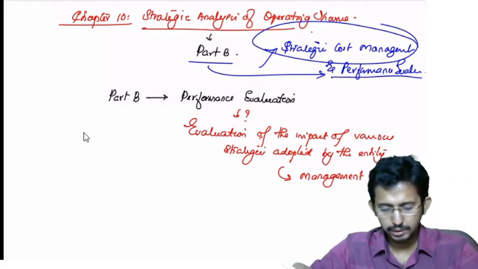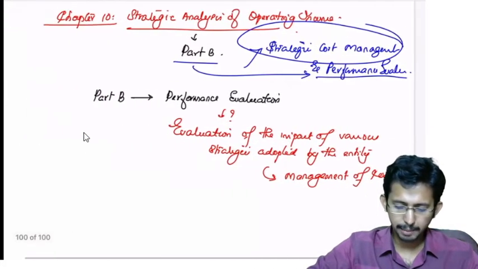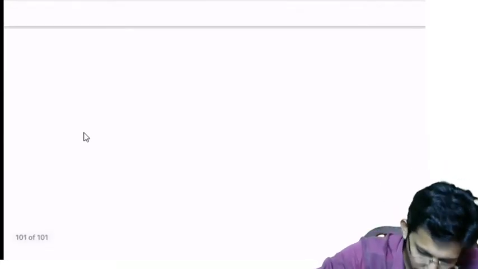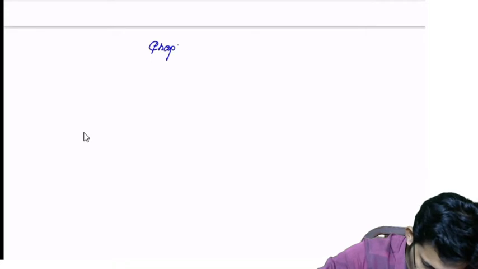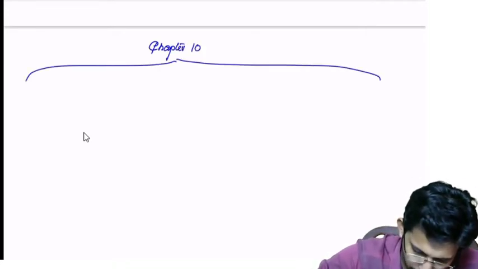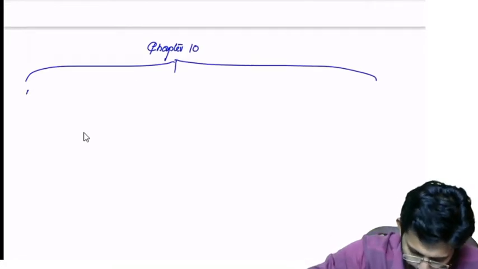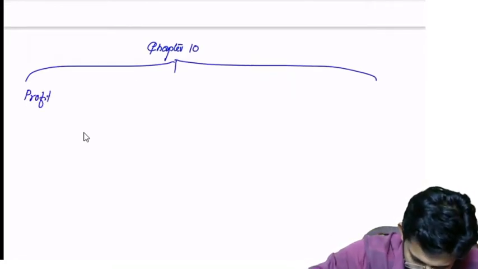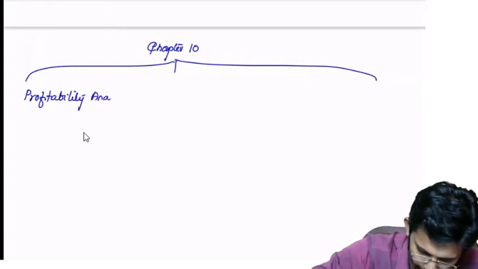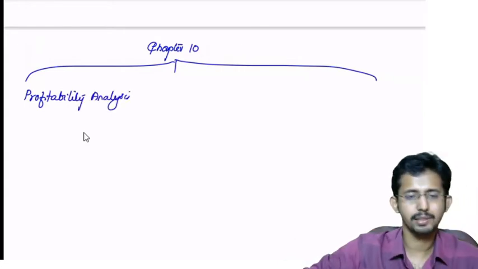Okay, now this particular chapter can be divided into 3 parts. So chapter 10, I'm dividing into 3. First part is profitability analysis.